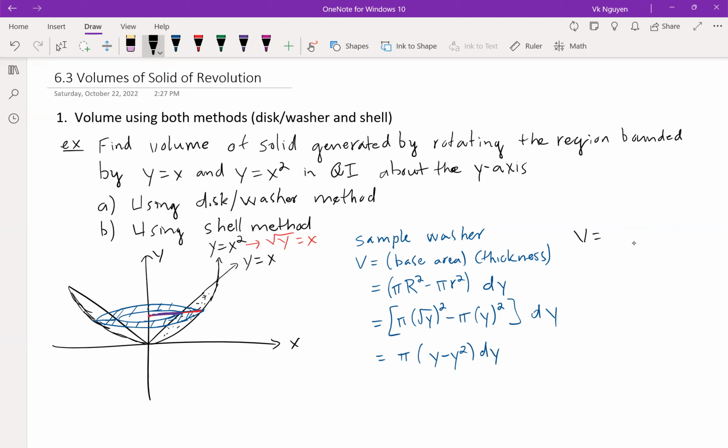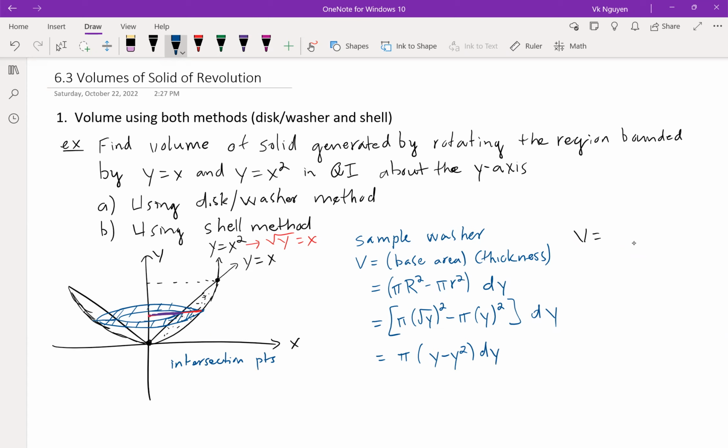The volume is, well, sum them up from one intersection point to another. So from here to here, you've got to find the intersection. Intersection points: set the two x's equal to each other.